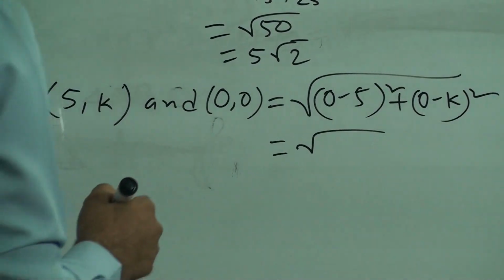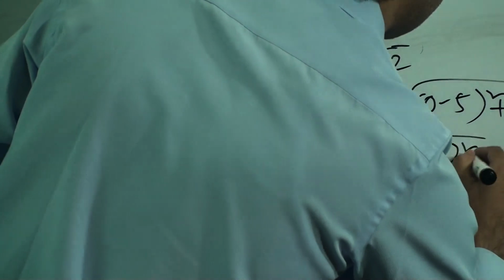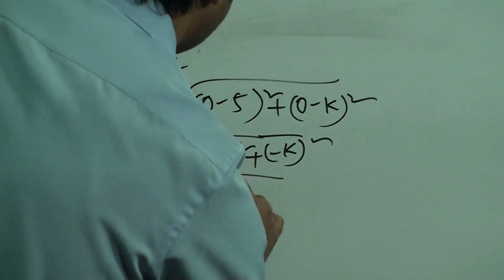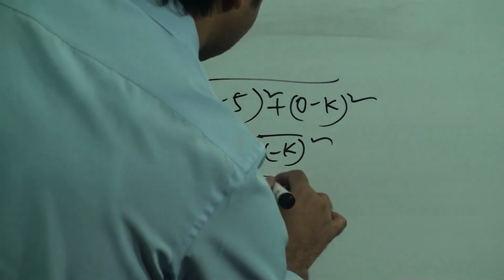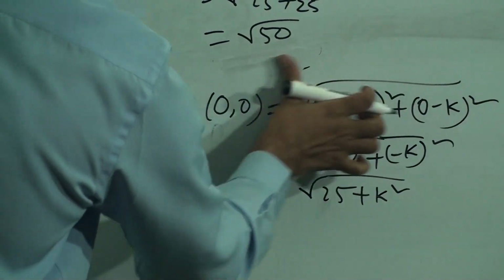This will be equal to square root of 5 square plus k square, that is equal to square root 25 plus k square. Okay. Now these two distances are the same.